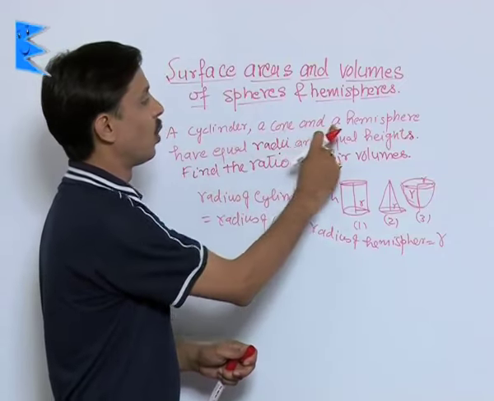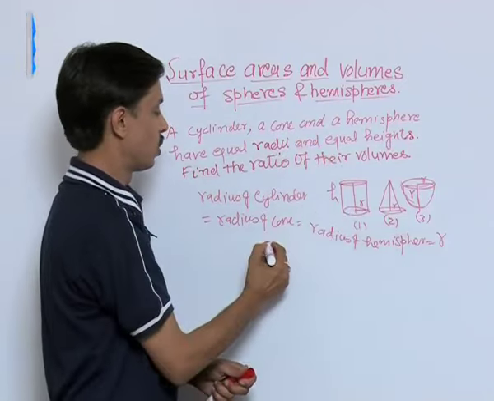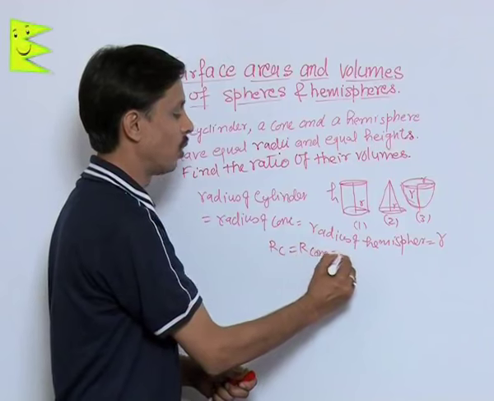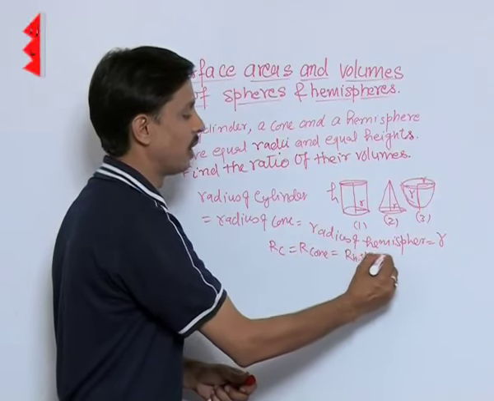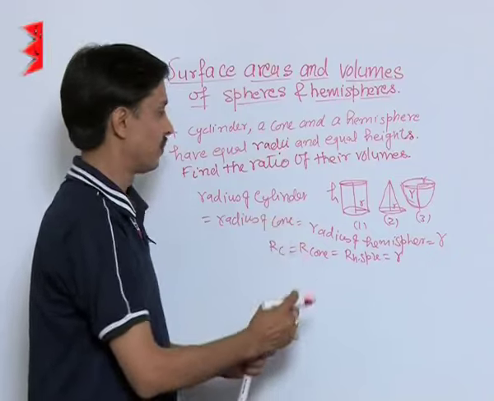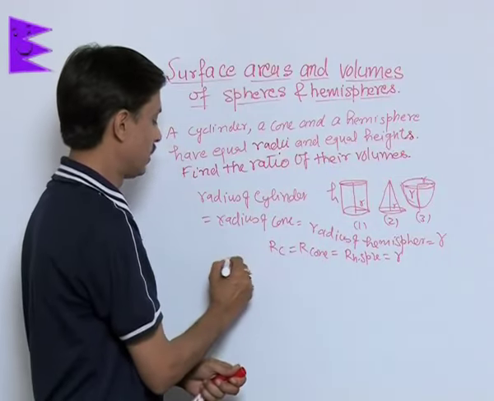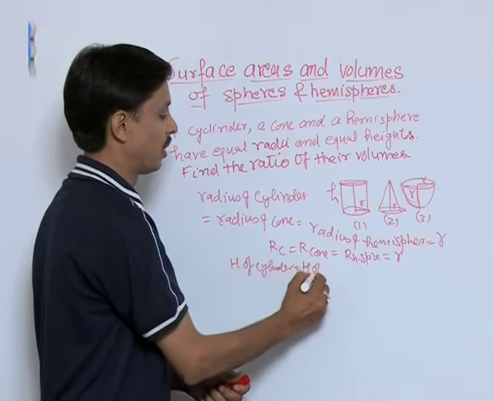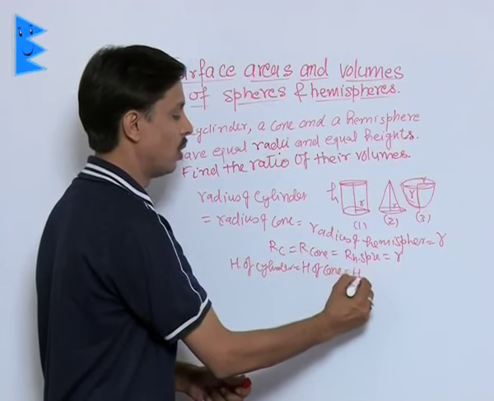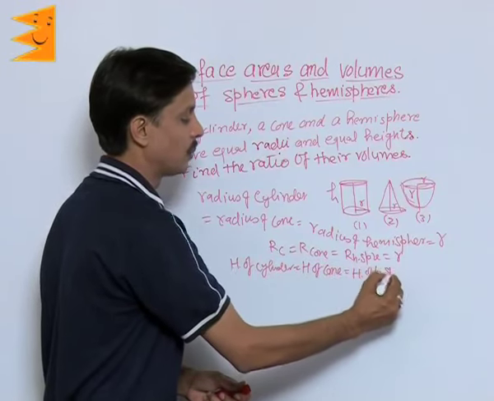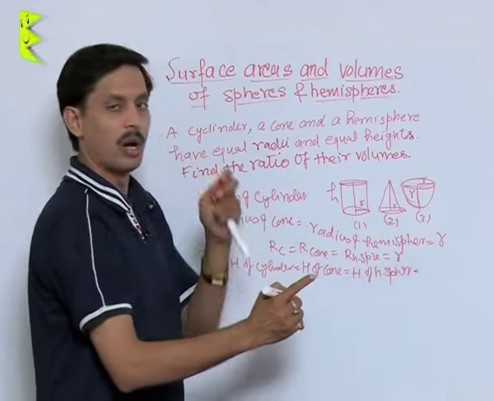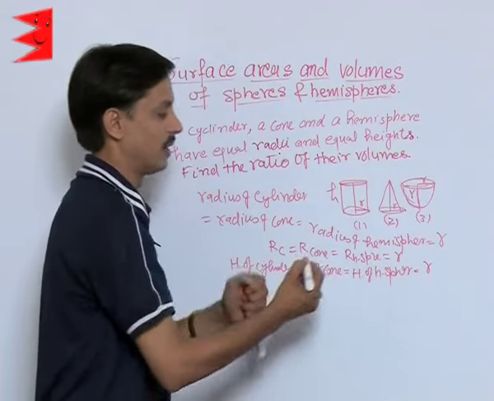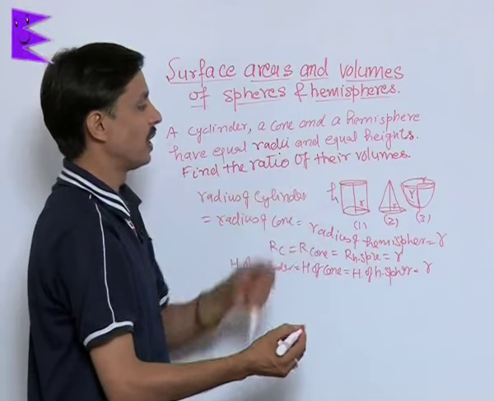So the height of cylinder is equal to height of cone is equal to height of hemisphere, which is also equal to r. Find the ratio of their volumes.